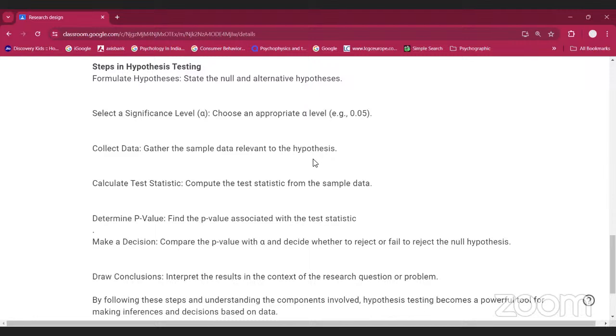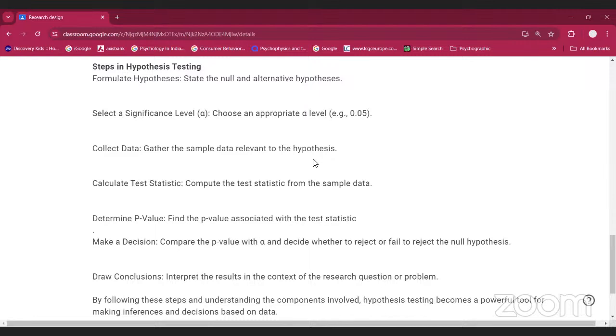Sir, this point, determine p-value, I cannot understand. Find the p-value associated with the test statistic, sir. What is the meaning, sir? That means when you calculate the test statistic, then again you will get the p-value. Okay.